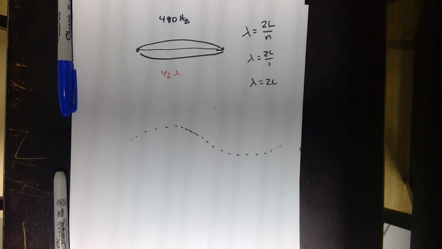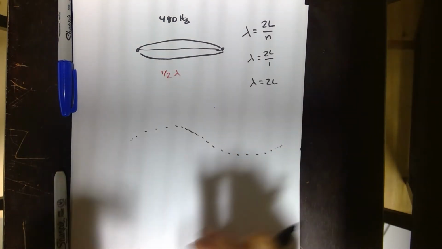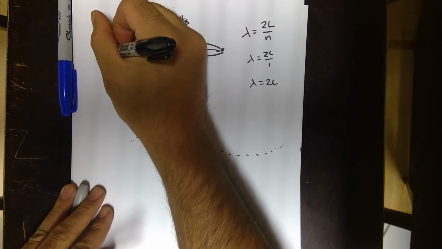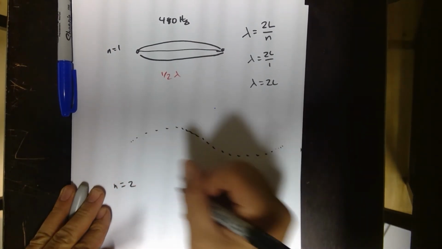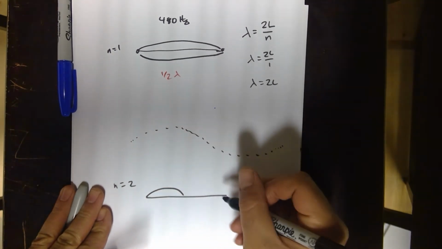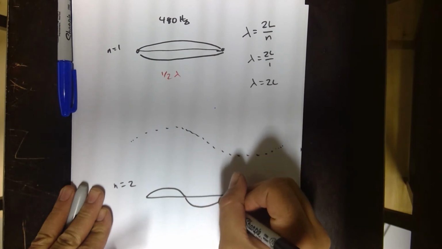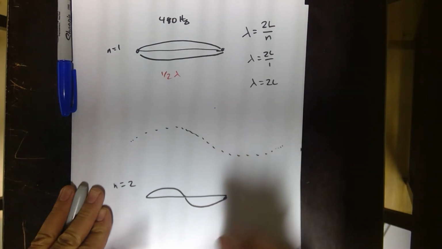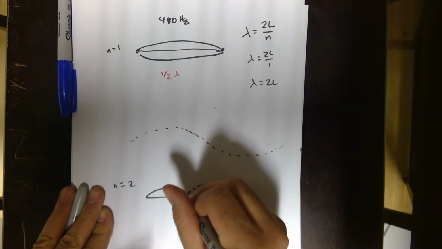If you are asked to draw the next two patterns on the string, it's always pretty easy because the second harmonic, this is first harmonic, would just have a different oscillation. Sometimes if you could snapshot the string, if you record it in slow-mo, you might see the string look like that, but then at another snapshot, it might look like this.